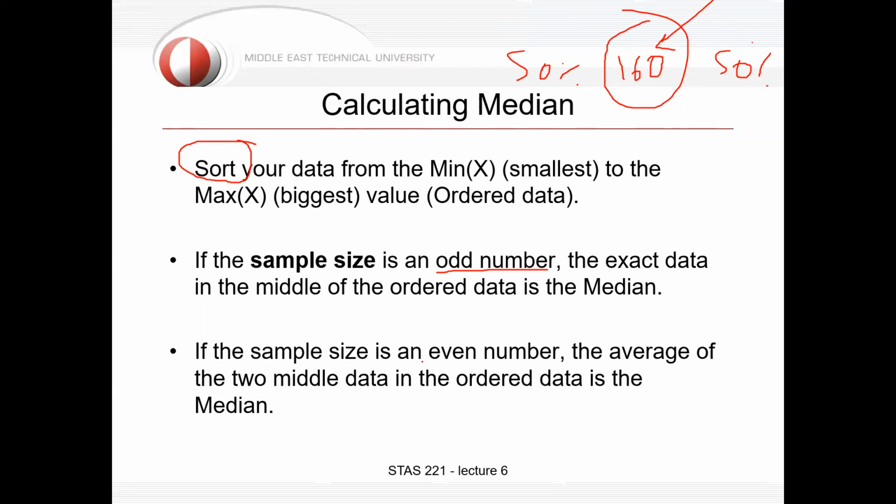But sometimes the sample size is an even number. When it happens, like 160 and 162 in the middle, then we usually take the average of these two and say 161 is the median of your data set. We will talk about this in detail in our tutorial.